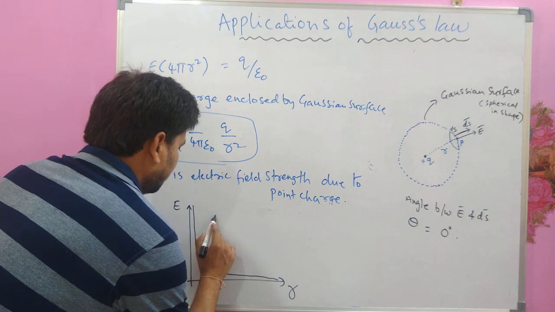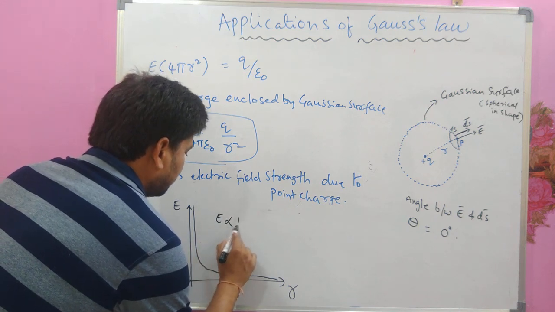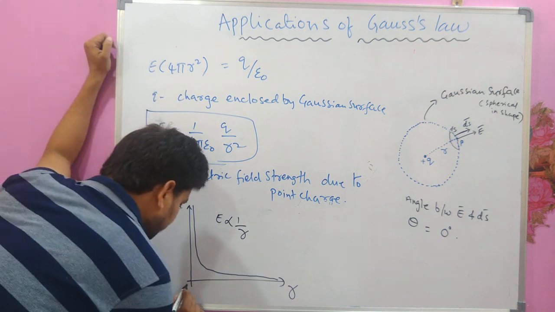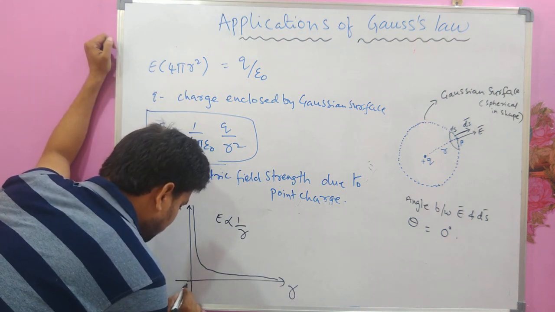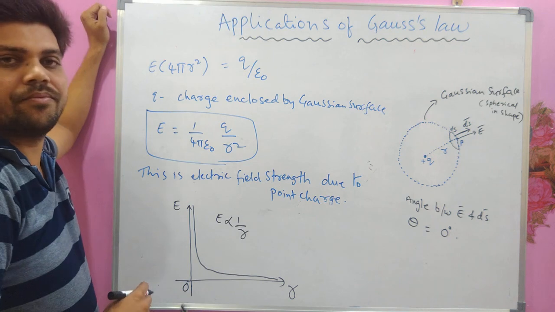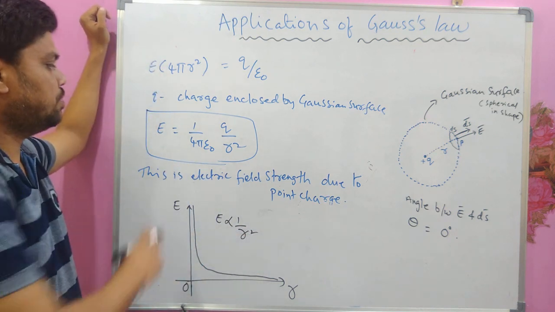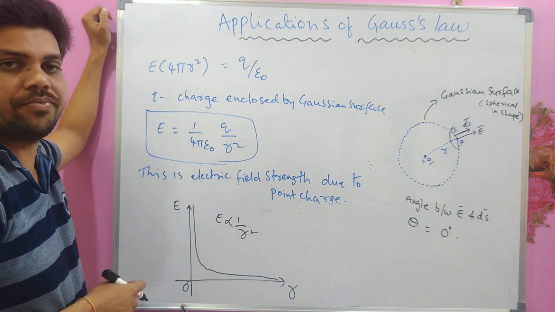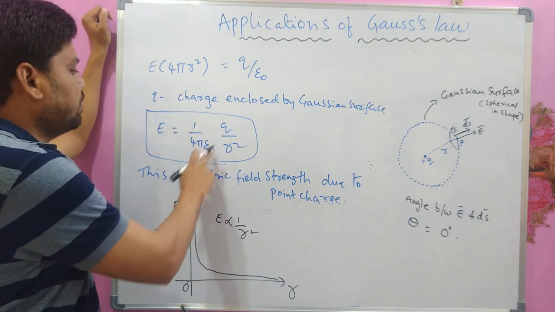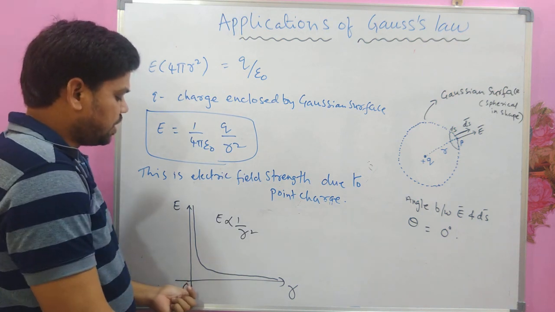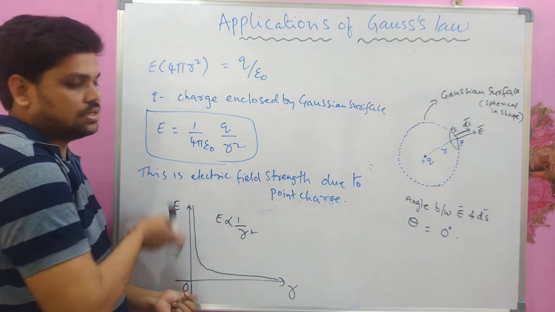This is the origin. E is proportional to 1 by r², from 1 by 4π epsilon naught Q by r². For smaller values of r, E is larger.